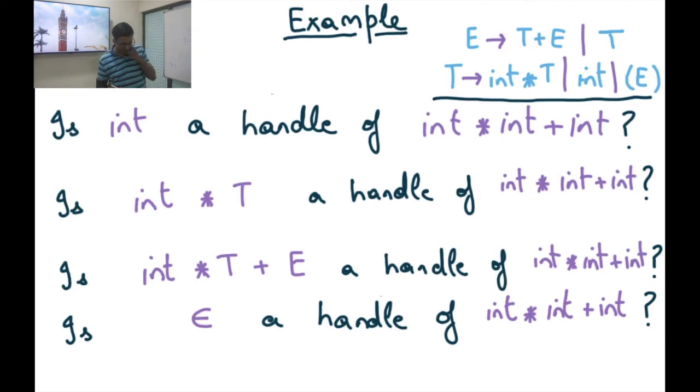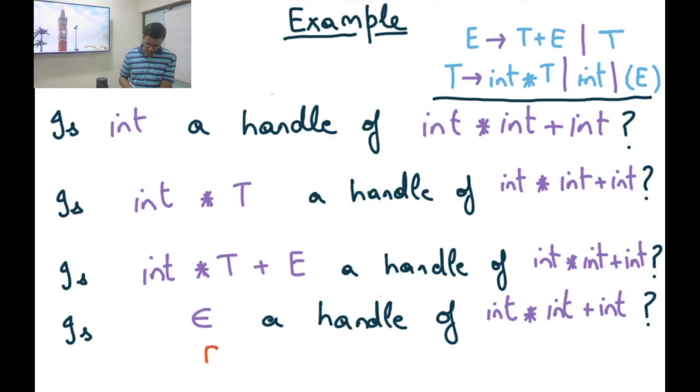Okay, finally, one more example. Is epsilon a handle of int star int plus int? Now, indeed, epsilon appears as a prefix, where epsilon represents the empty string, so epsilon appears as a prefix in actually all steps of the rightmost derivation. However, there is no step that actually derives epsilon from a non-terminal, right?